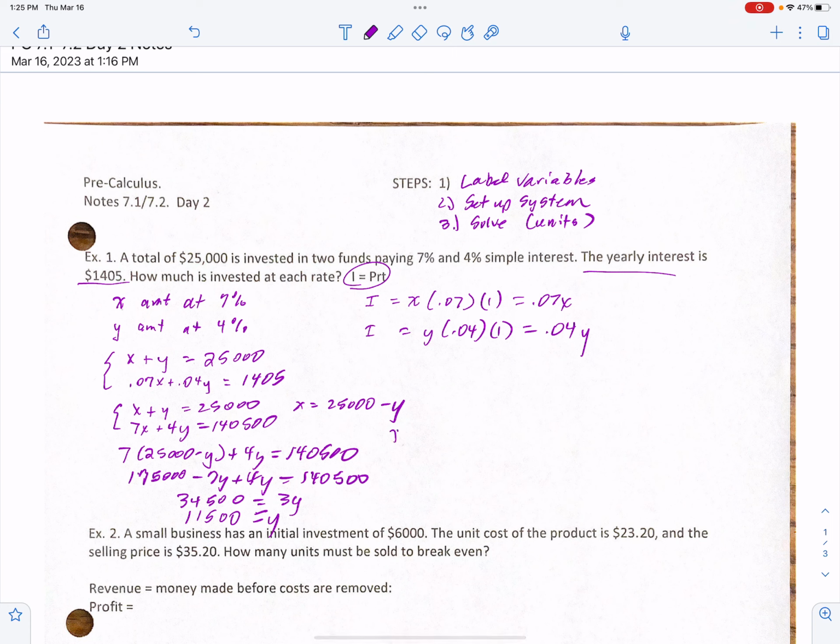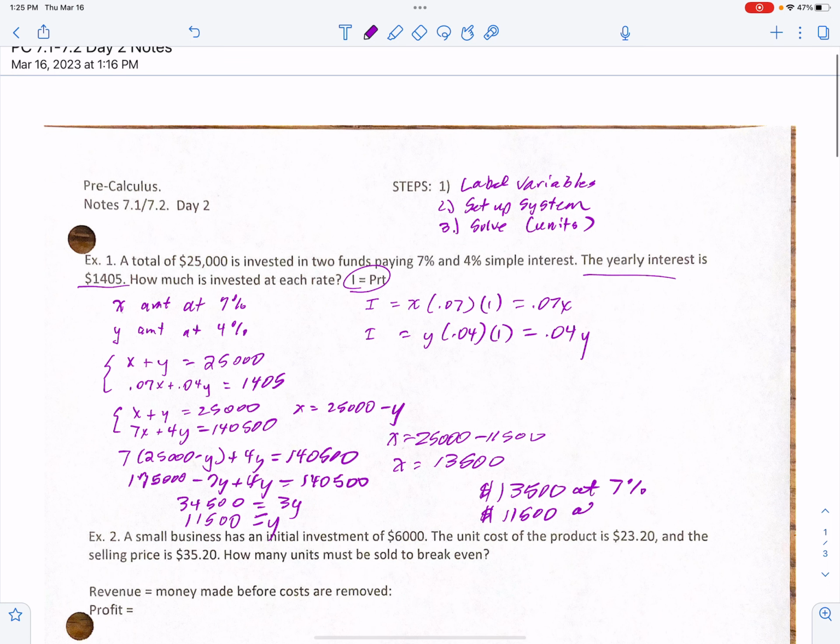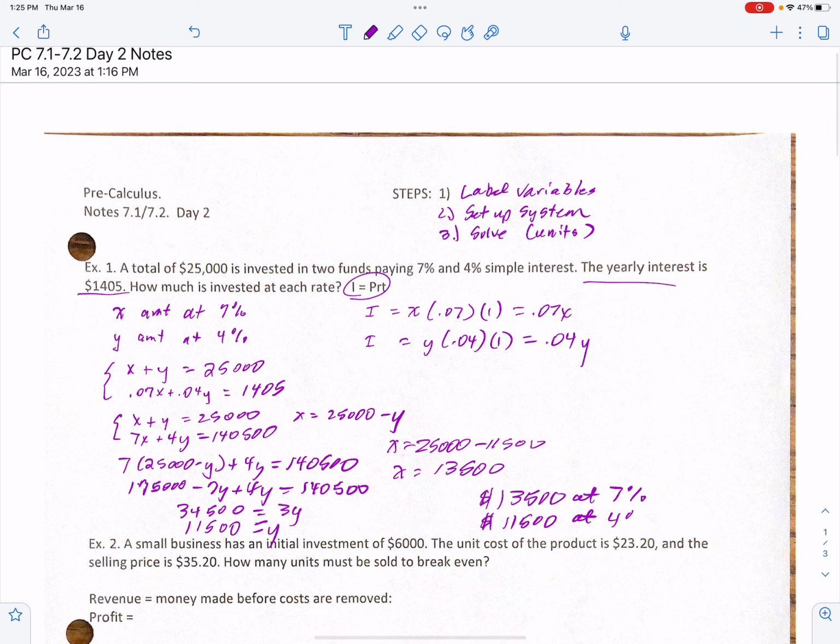And then to find X, come up here and subtract that 11,500. And X comes out to 13,500. So you should invest 13,500 at 7% and the 11,500 at 4%.